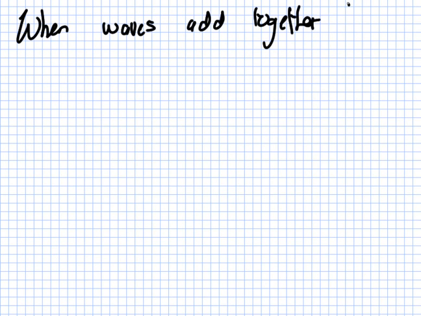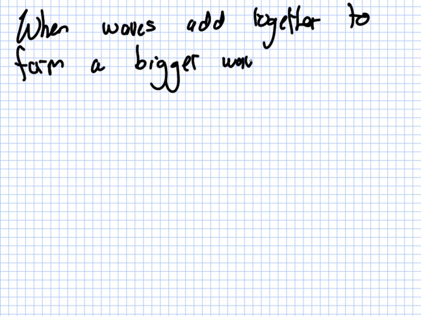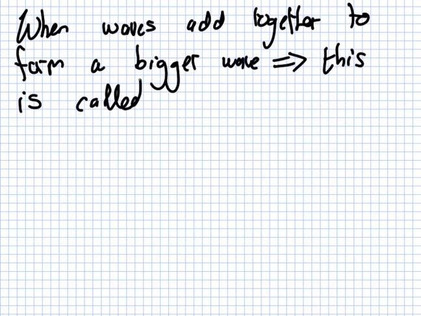When waves add together to form a bigger wave, this is called, I'll write in red, constructive interference.